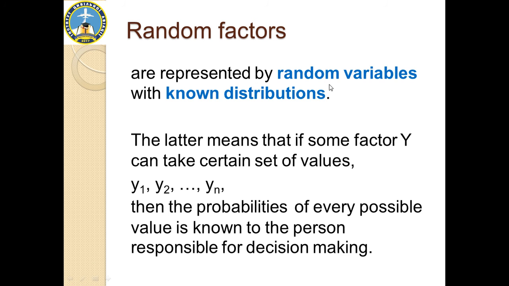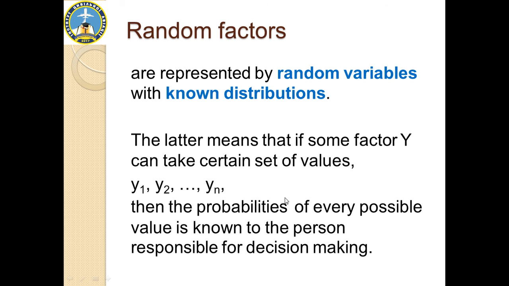This means that if some factor denoted as y can take a certain set of values, then the probability of every value is known to the person responsible for decision making. For example, it takes this particular value with a certain probability and every other with a known probability. So we can account for these different values with certain probabilities.